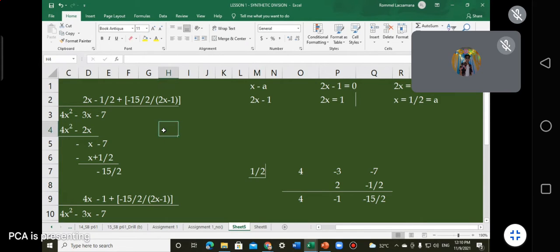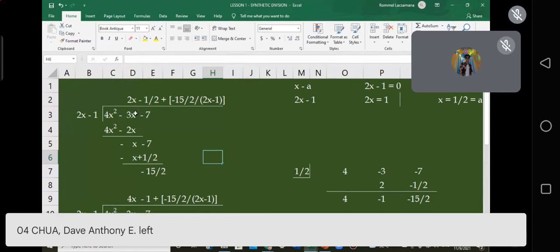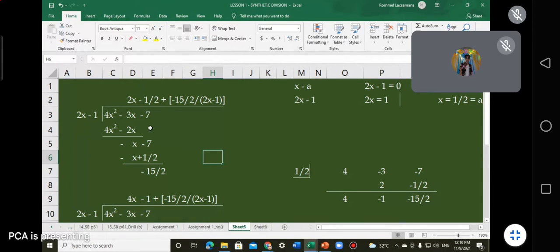So I'll get the constants of this dividend. It's 4, -3, and -7. No, there's no missing: raised to 2, raised to 1, and then a constant. 4, -3, -7. There's no need to insert any zero here. Am I right? Okay, sige.